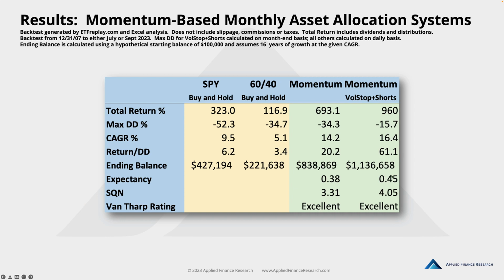The expectancy becomes 0.45 and the SQN is 4.05, again making it an excellent system by Dr. Van Tharp's definition. So here we can see that concept number 2, momentum, as applied to our monthly asset allocation systems, has some pretty fantastic results.